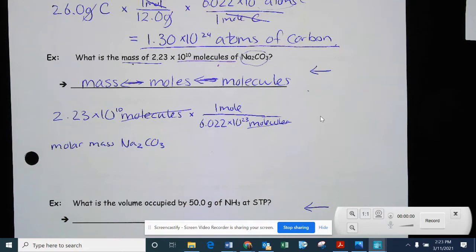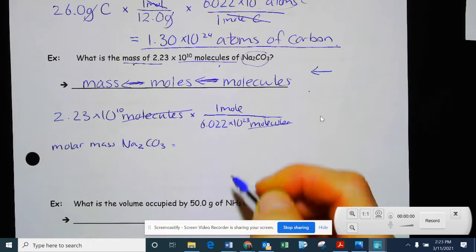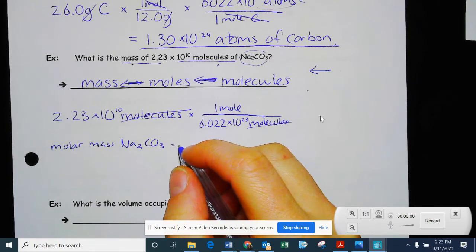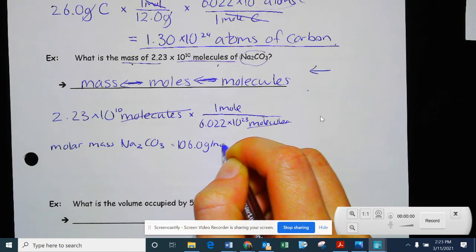Okay, so if we get out a periodic table and add up 2 sodiums plus 1 carbon plus 3 oxygens, what do you all get for molar mass? Yeah, 106. Awesome. So we should end up with 106 grams per mole.